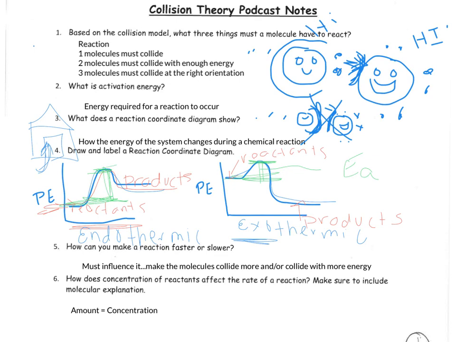Now the change in energy from where the reactants are to where the products end up is what we call change in H, the actual change in energy. We have a fancy word for that, and we call that enthalpy. Enthalpy describes the change in energy from the reactants to the products.